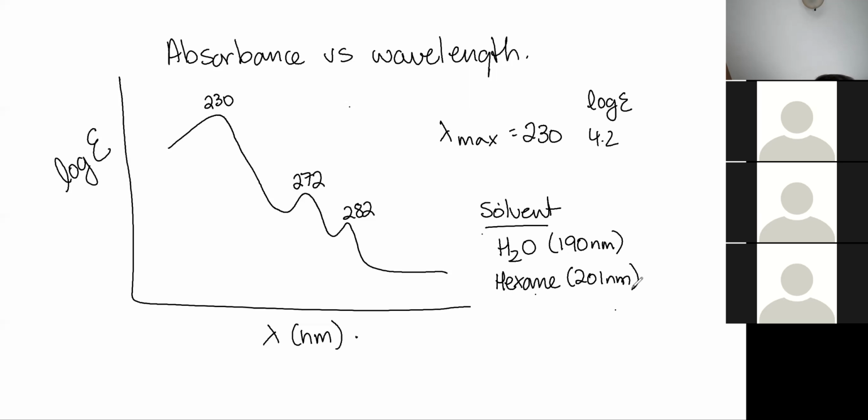You can get, if you've got, say a solvent, whoops, question. Yes, so the question is, can you use these? Yes. If you're looking for something in a completely different range, yes, you could.